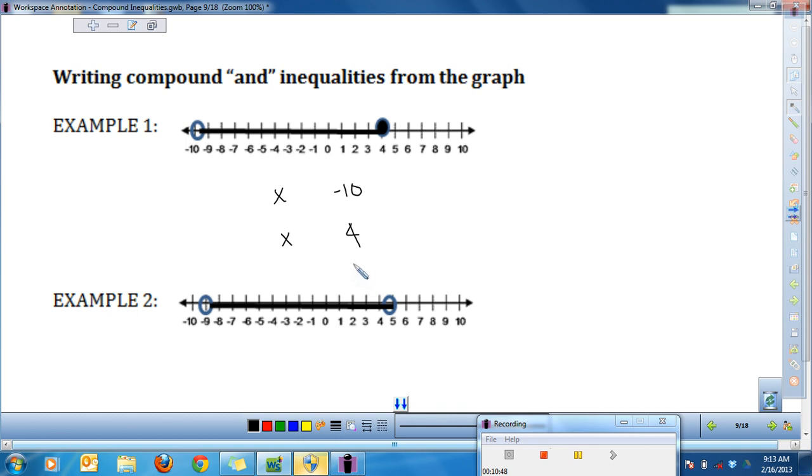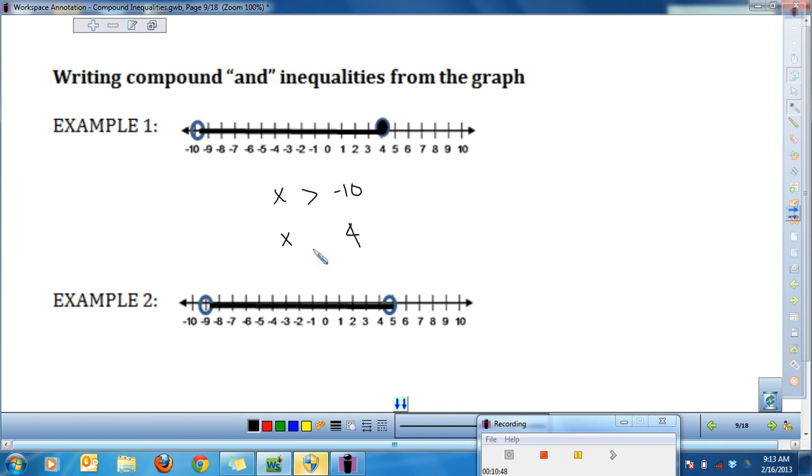Next, we need to decide on the inequality sign. So let's do -10 first. This is an open circle, so I know it's going to be a greater than symbol, and it's not going to include the equal to. For these to cross, this one had to be greater. It had to be shaded this way, so I'm going to draw a greater than symbol without the equal.